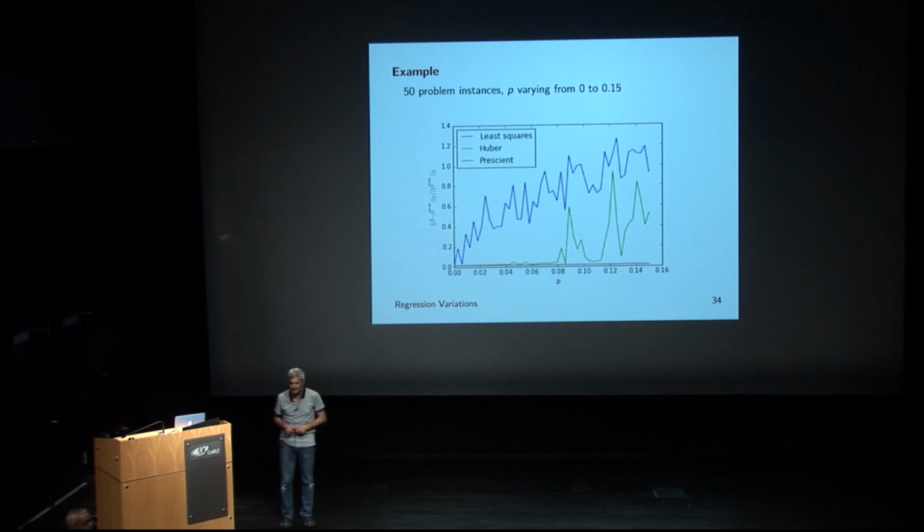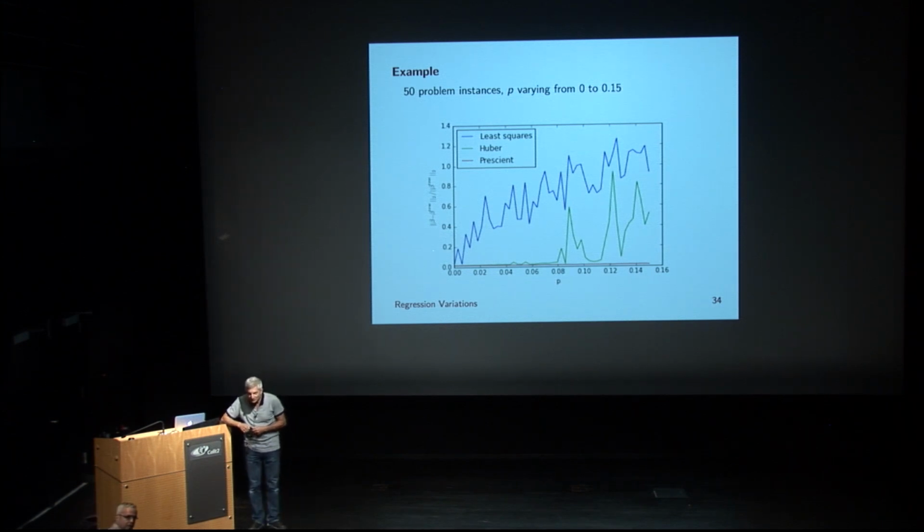You strongly recommended using the Huber, and how does it compare relative to the L1 norm? They're the same for large residuals, because they're both linear.